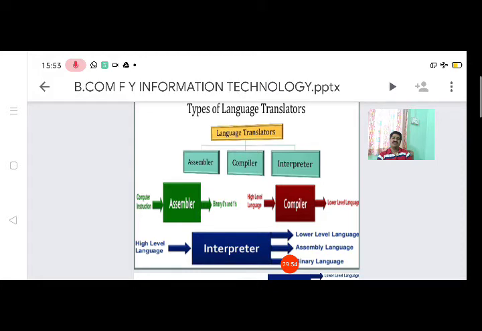A translator in software programming terms is a generic term.